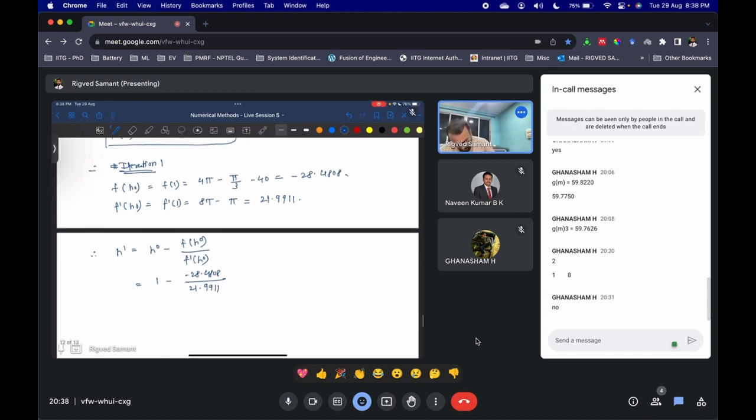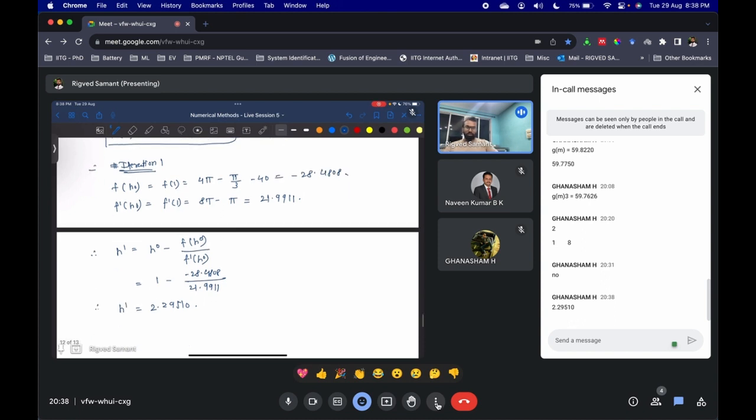So what is your h1? What is the h1 value? Yes, 2.29510. So similarly you will iterate for the solution.